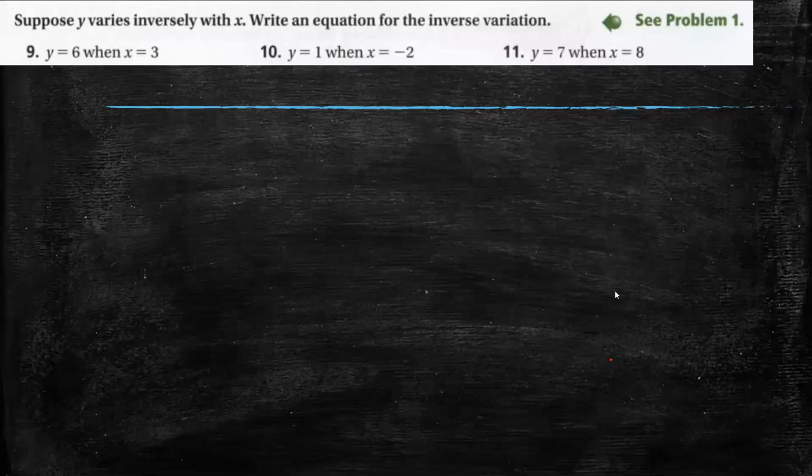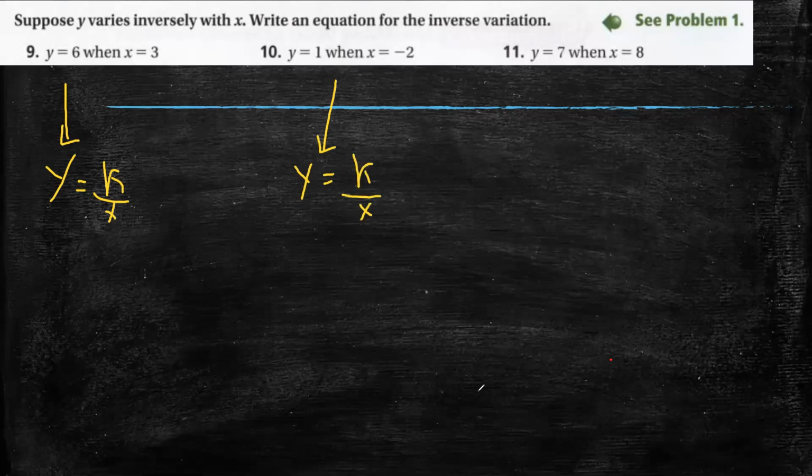Here now in number 9, I'm talking about inverse variation. So to write the equation, y is k over x for each one.